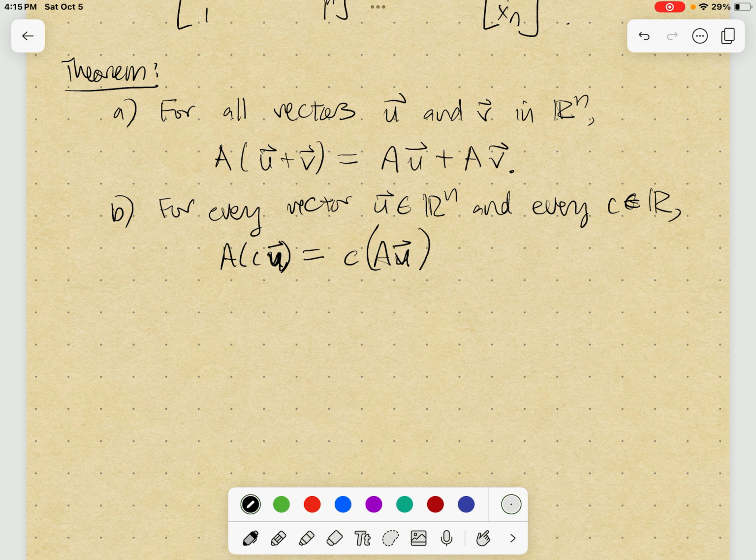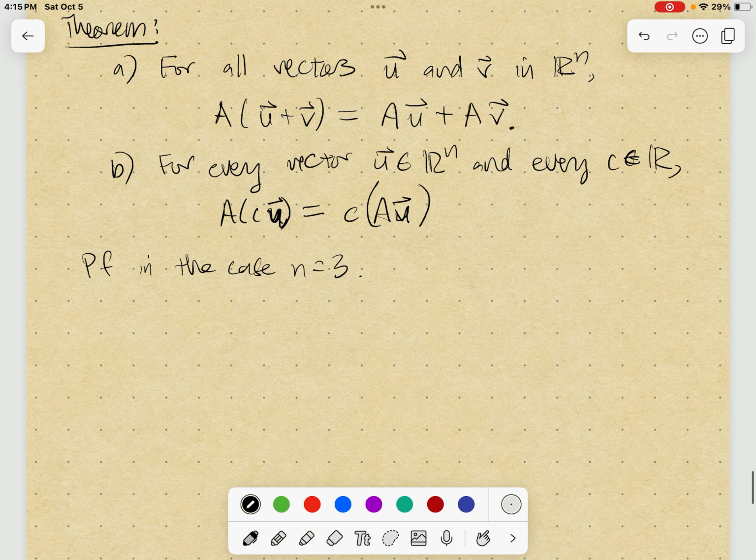All right, let's explain the proof in the case n equals 3, because the proof for general n is similar. So I just want to explain the idea. So let's say you have your vectors u and v in Rn, so each has 3 components, right?